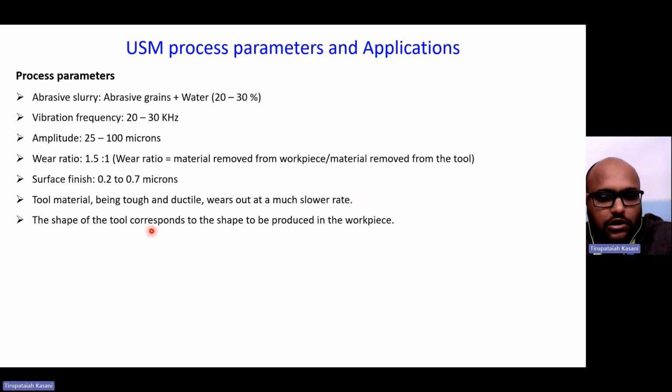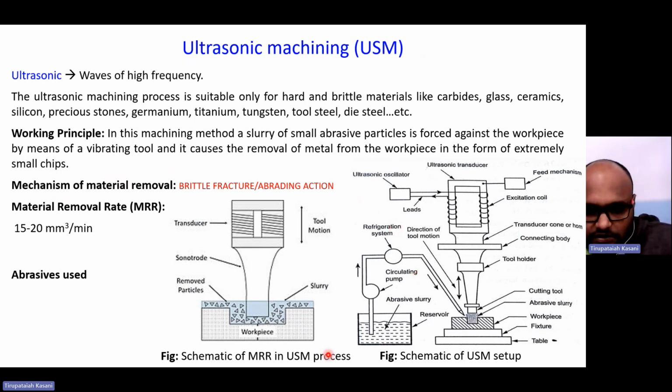The shape of the tool corresponds to the shape to be produced in the workpiece. As we have already seen here, this is a rectangular shape, and the same shape of cavity will be created over the top surface of the workpiece. Similarly, in abrasive jet machining also.